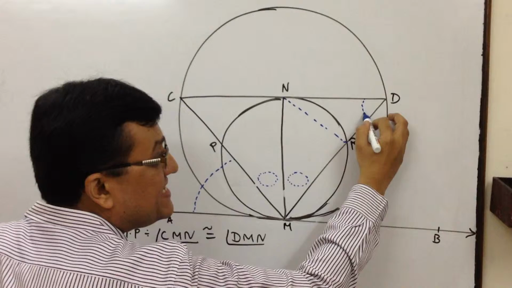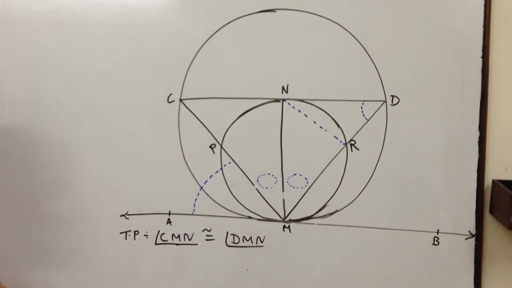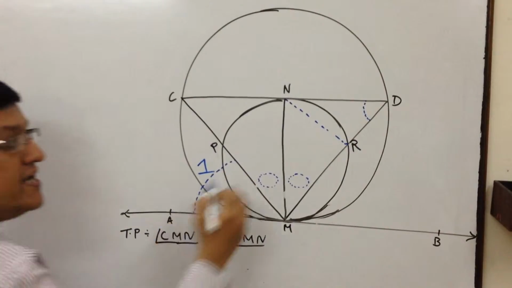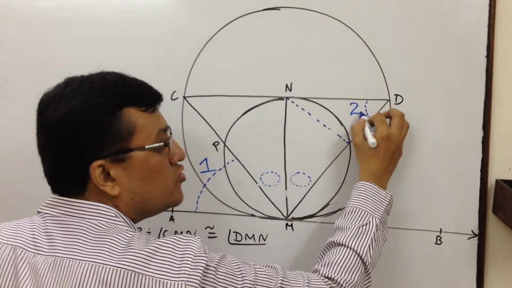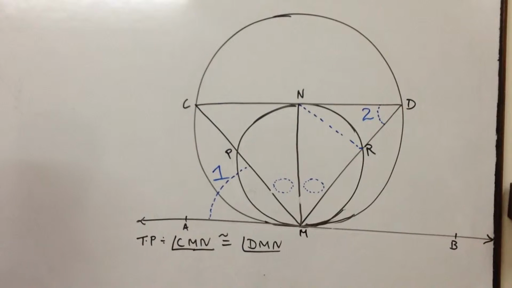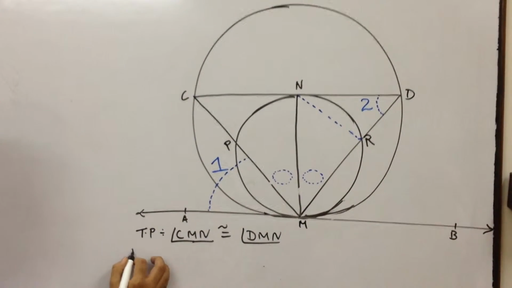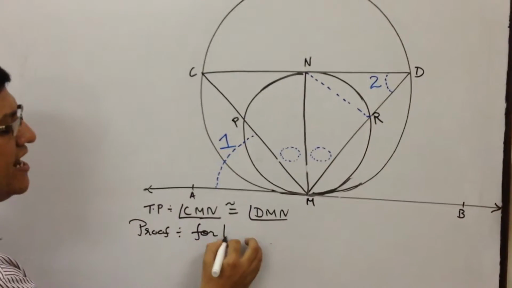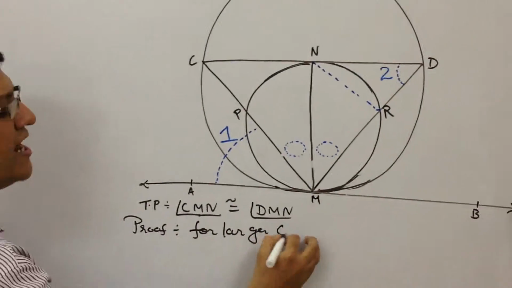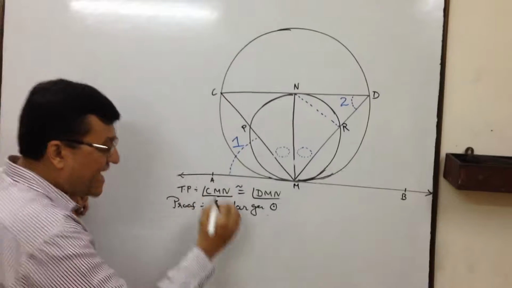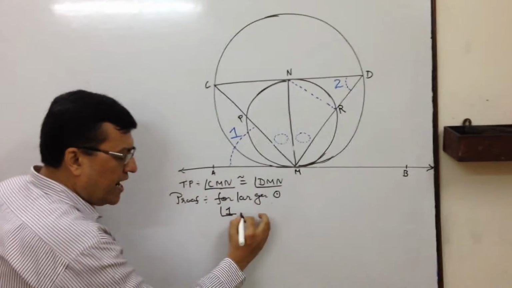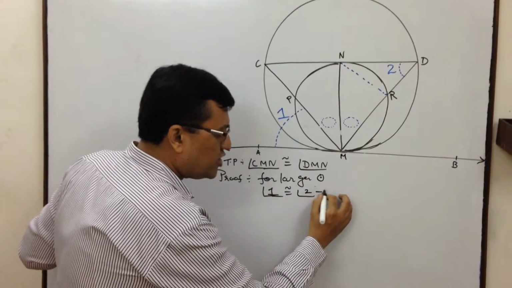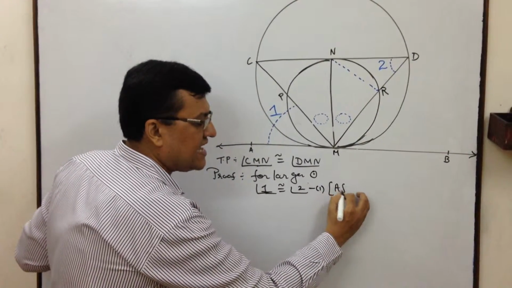Simultaneously, this becomes the inscribed angle for the larger circle. So I say angle 1 is congruent to angle 2. Our proof starts over here. For the larger circle, angle 1 is congruent to angle 2. The reason, equation number 1, is AFAS.